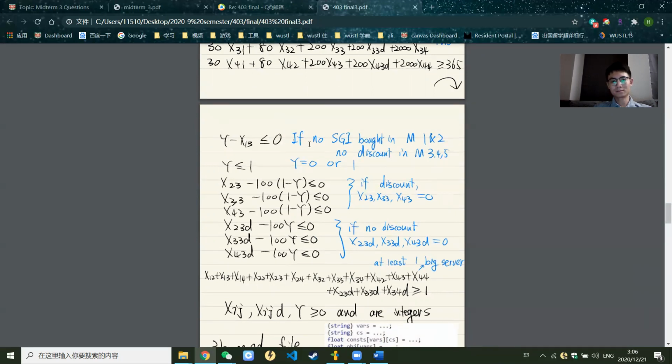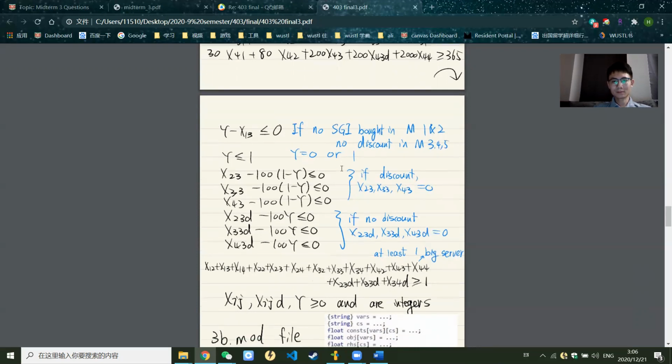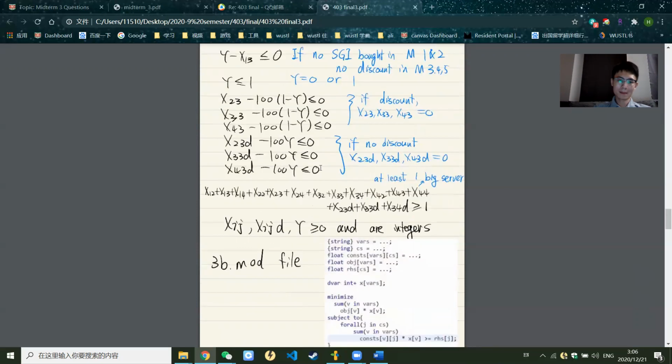And if X13 is 1, then Y should be smaller than 1. And Y should always be 0 or 1, so Y is smaller than 1 here.